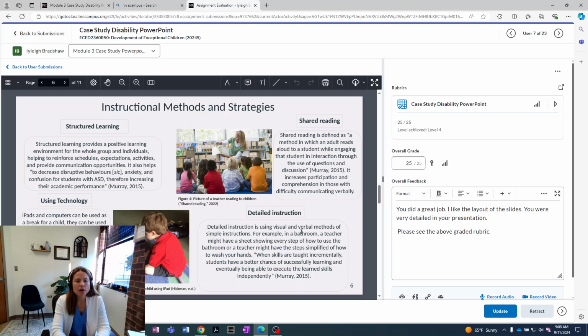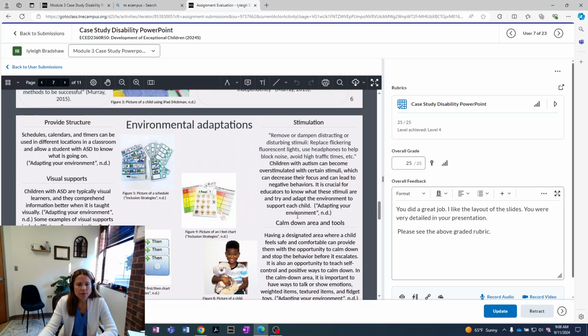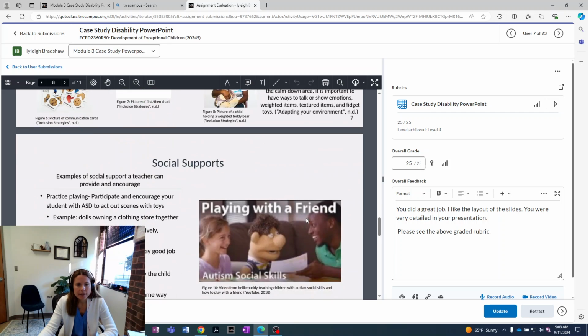And here's some other things. When they decided to talk about how you support them in the classroom, thinking about accommodations, they really laid it out in a way where you could see the different kinds on one page, but also supporting it with images, which was helpful. They continued that with their environmental adaptations in the classroom, thinking about how you can support them different ways.